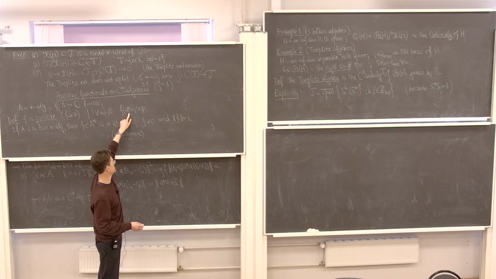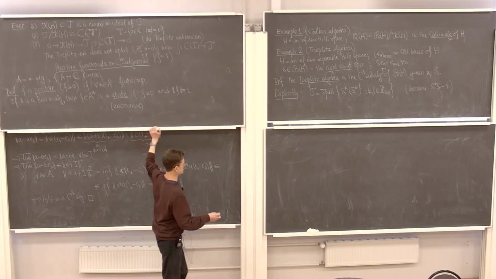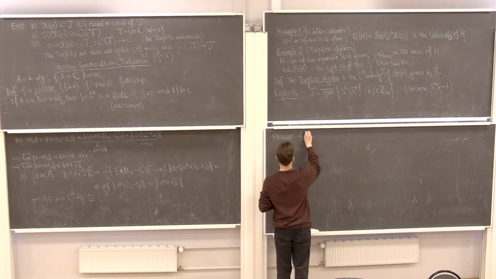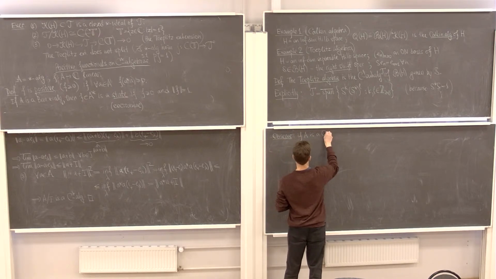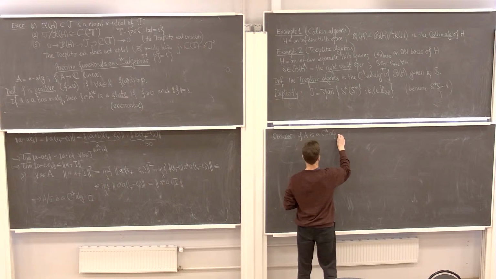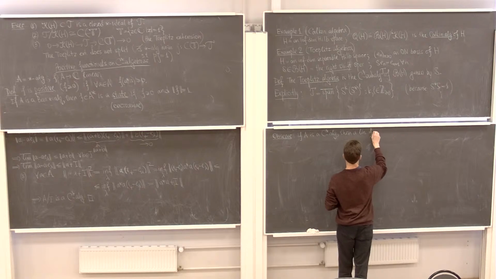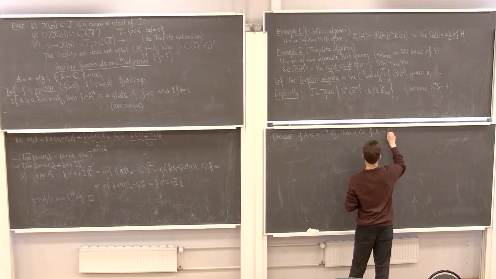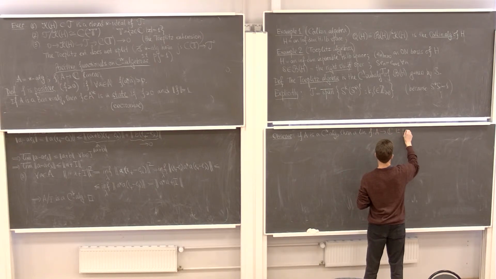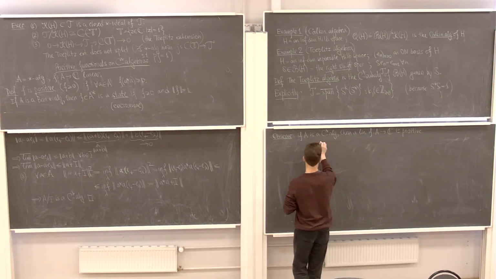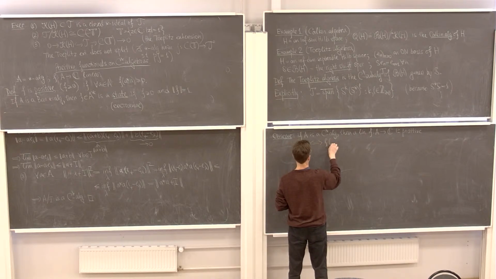And moreover, every positive element can be written in this form. So we observe that if A is a C-star algebra, then a linear functional f on A is positive if and only if it takes positive elements to non-negative numbers.